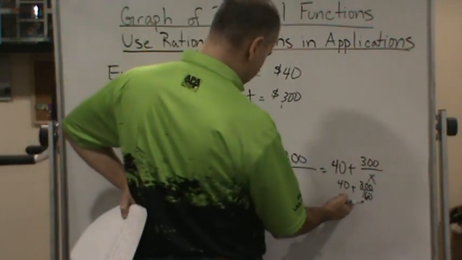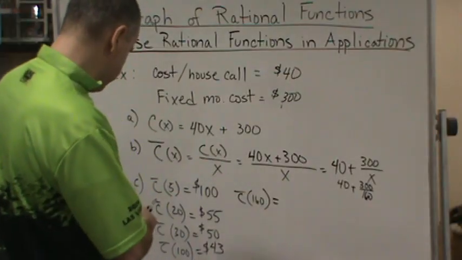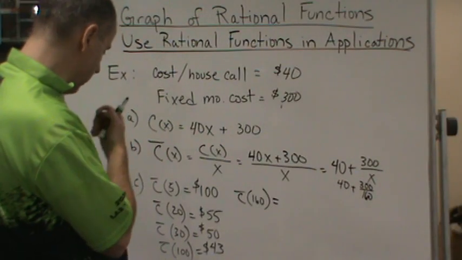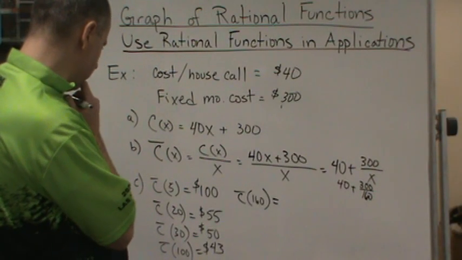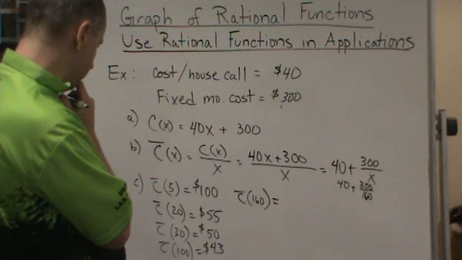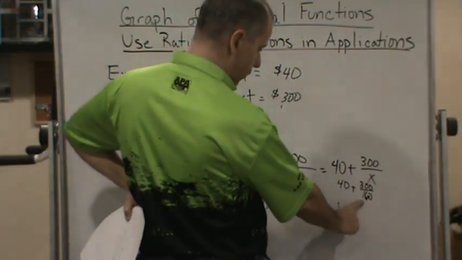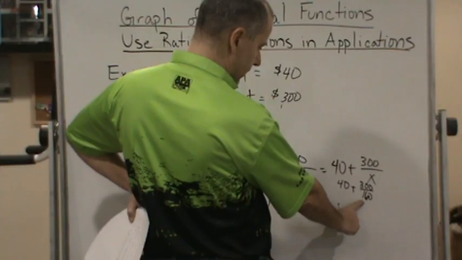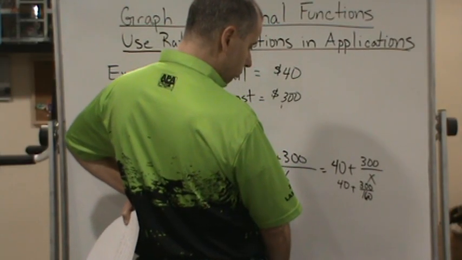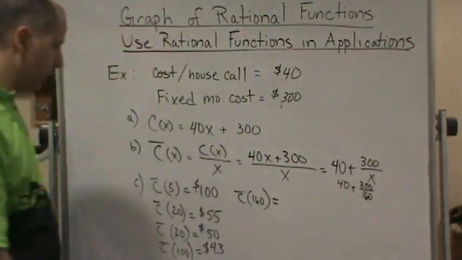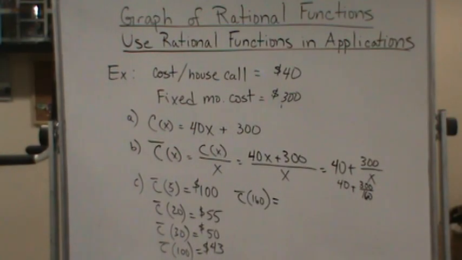So it's going to be approximately, this is going to be a little less than 2. So it's going to be a little less than $42, per house call each month, if they did 160 house calls each month.